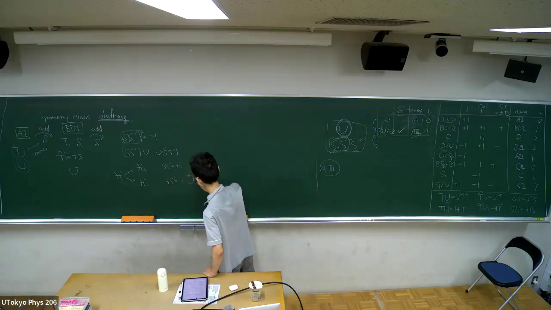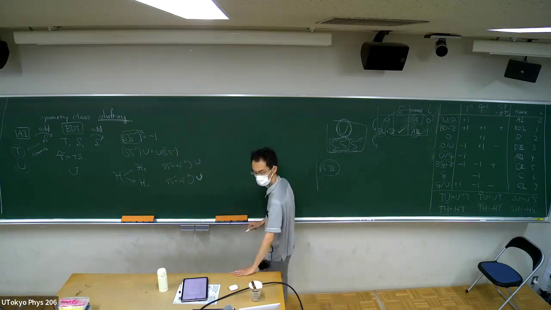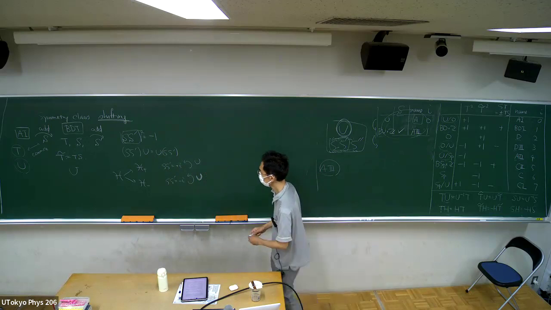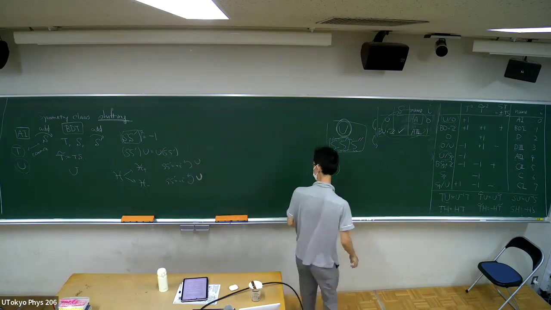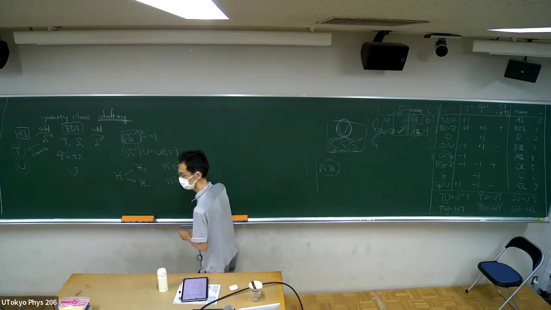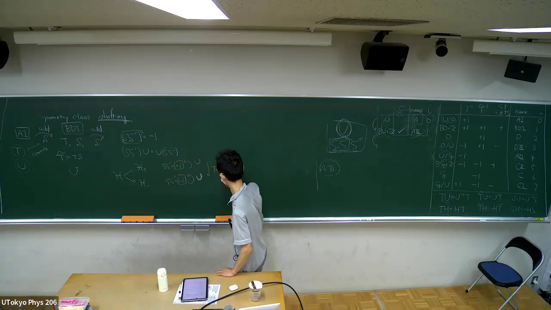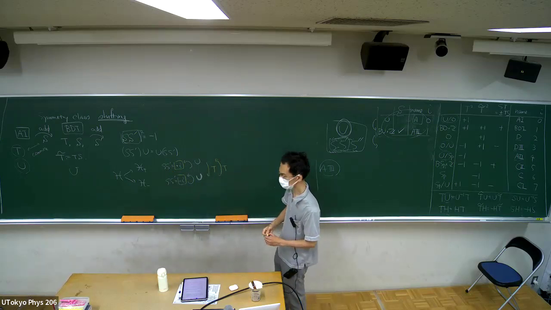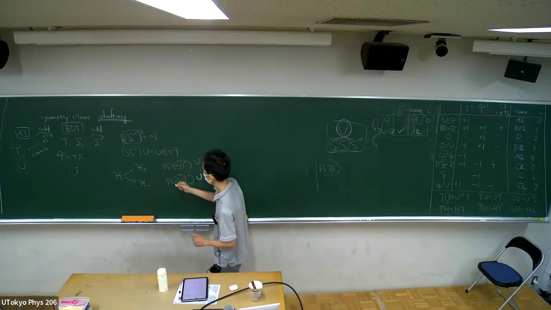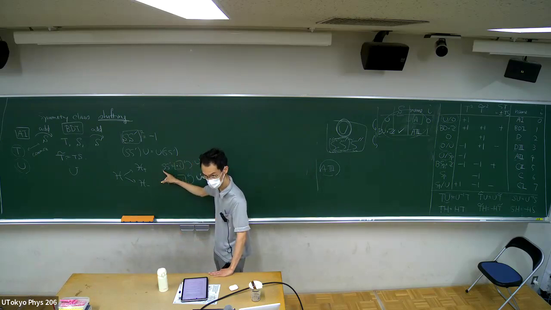And U acts within H plus and H minus, right? However, because this is +I or -I, T doesn't preserve H plus and H minus. T exchanges the two. And here, S and S prime are basically fermionic creation and annihilation operators.